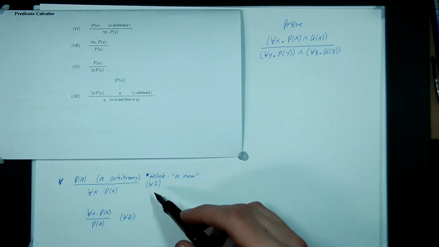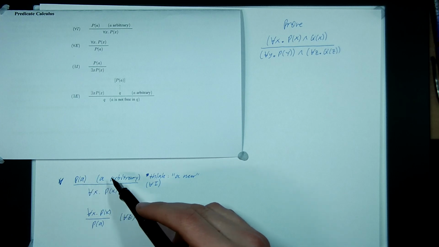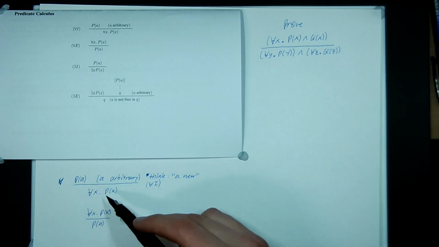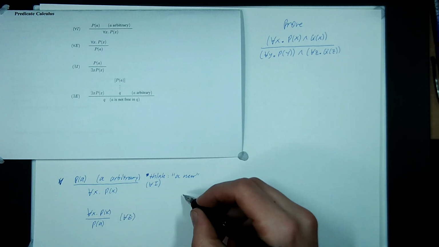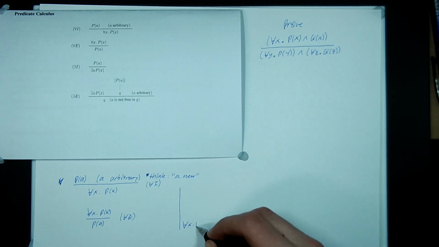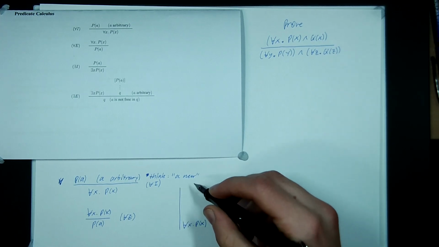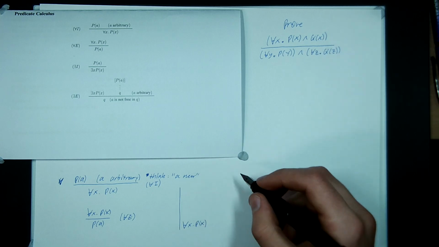For all introduction is a little bit trickier. If you know that p of a is true where a represents an arbitrary person, then you can show for all x, p of x. So I like to think of this rule as going backwards. Whenever I'm trying to prove for all x, p of x, what I like to do is create a new variable, a variable that doesn't show up anywhere else in the proof.